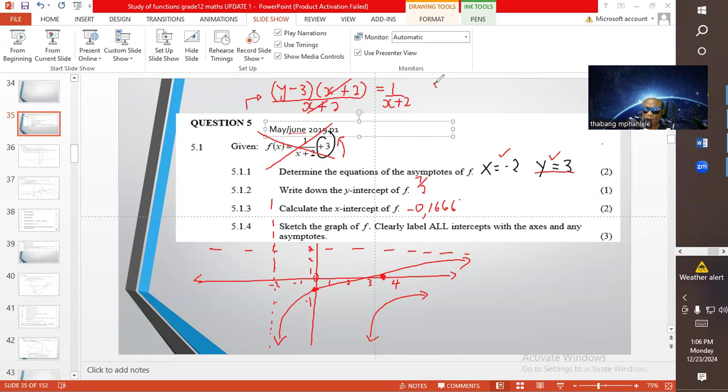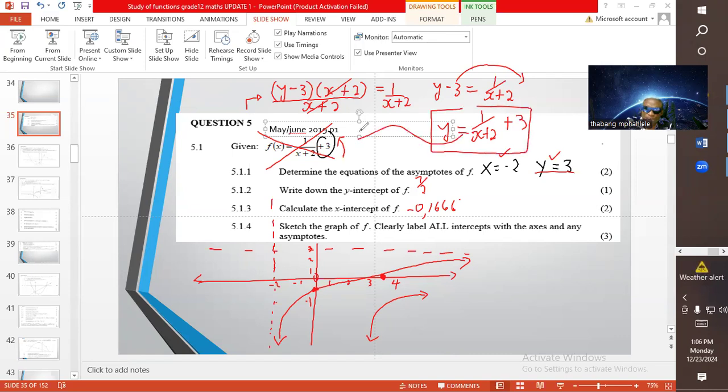We are left with y minus 3 equals 1 over x plus 2. Last step, take negative 3 to the other side, which is y equals 1 over x plus 2, plus 3. Yep, you see, this is this.